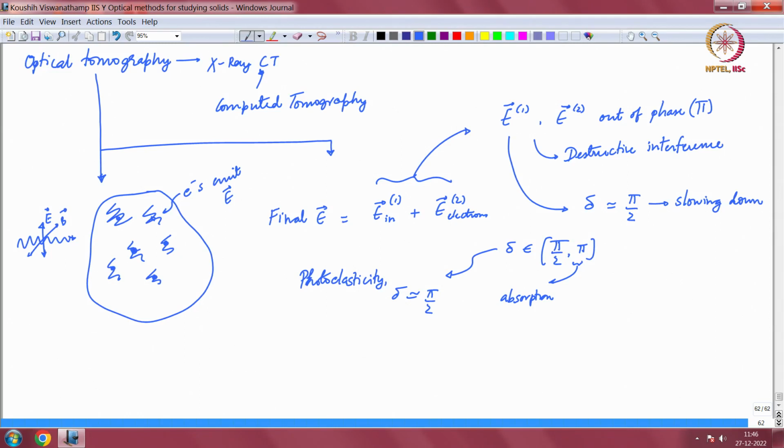So in the photoelasticity case we were usually not concerned with absorption so much, there was only change in the refractive index due to the stress system that was set up. But now in tomography we are actually interested in the absorptivity part of this refractive index.